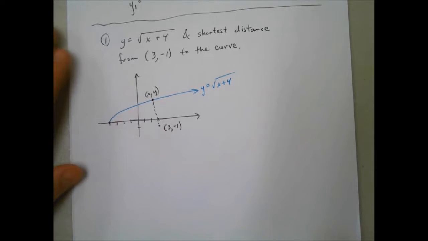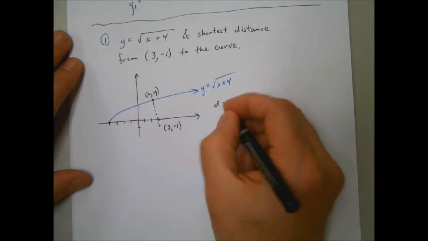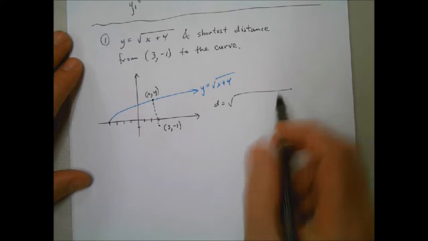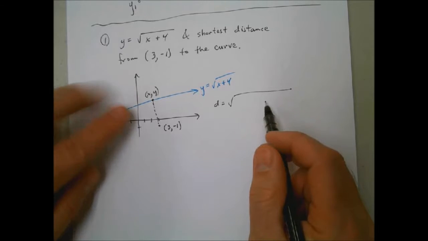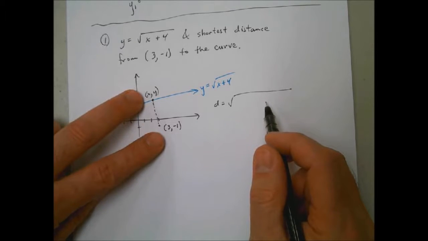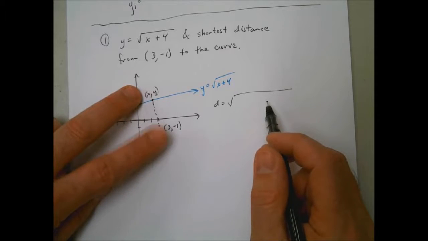Now the distance formula, so distance equals the big square root of (x minus 3) quantity squared plus, and then (y minus -1), so (y plus 1) quantity squared. You can do x minus 3 or 3 minus x, but I'm telling you it's better if you do the variable minus the number.